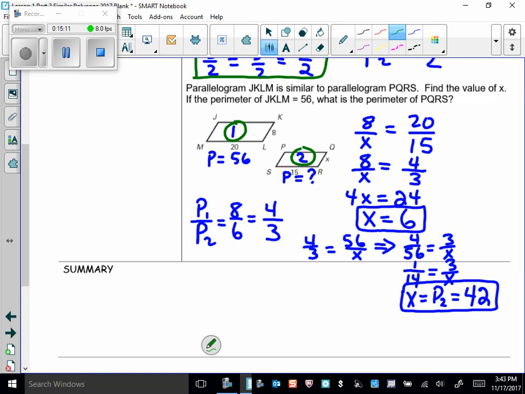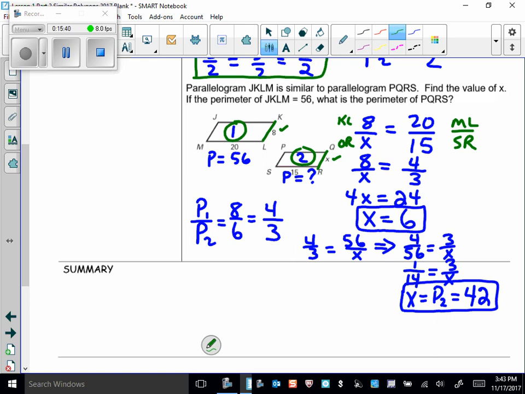So let's see. I know that KL corresponds to QR. And so this would be KL right here. This would be QR here. So I know that 8 is to x as ML, the other side, I know is to SR. And when I substituted the numbers, that's 20 over 15.